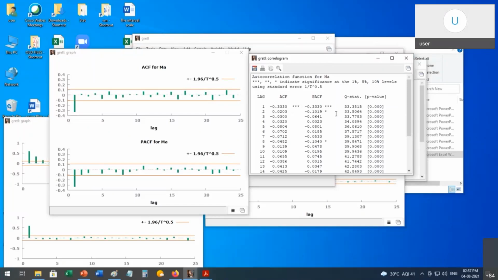The second PACF is significant at the 10% level, and here is another one also, a marginal significance. And we know all the Q stats are significant. That means the autocorrelation coefficients as a whole are not equal to 0. We have this significant spike.